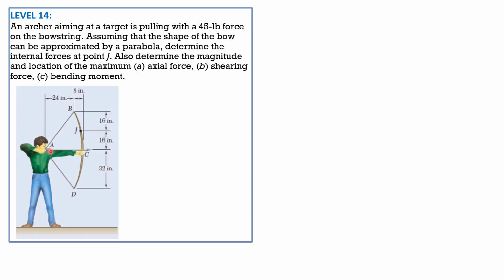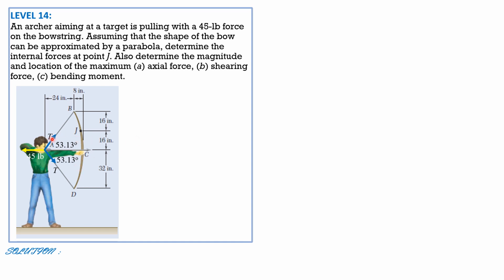Remember that this archer exerts a pull of 45 pounds, and therefore, since by symmetry the tension in this string is the same, we will call that T and T. The angle that tension makes with this horizontal is arctan of (16 plus 16) over 24, and that is 53.13 degrees.